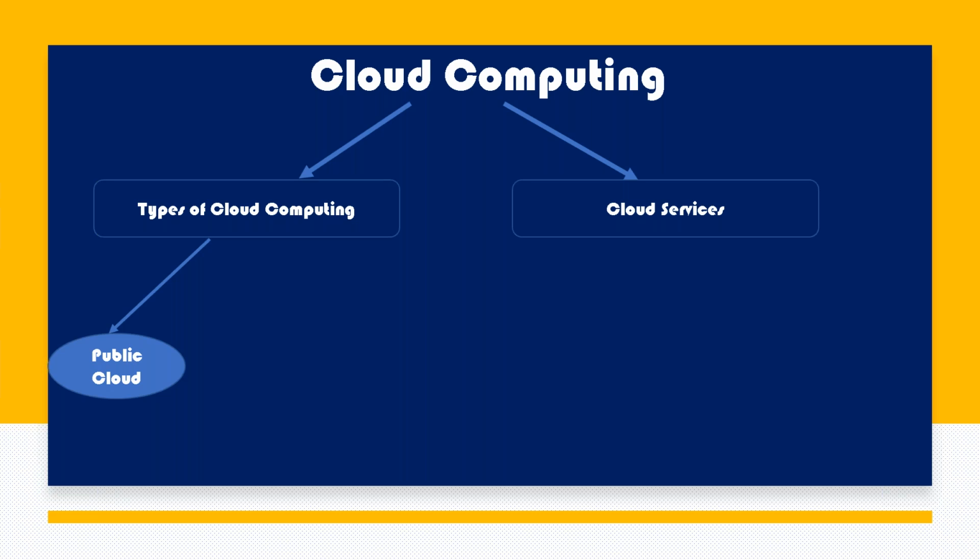These three are public services; anyone can get them. The data centers and everything are handled and maintained by the service provider. You don't worry about that. If you need it, you pay, purchase it, and use it.